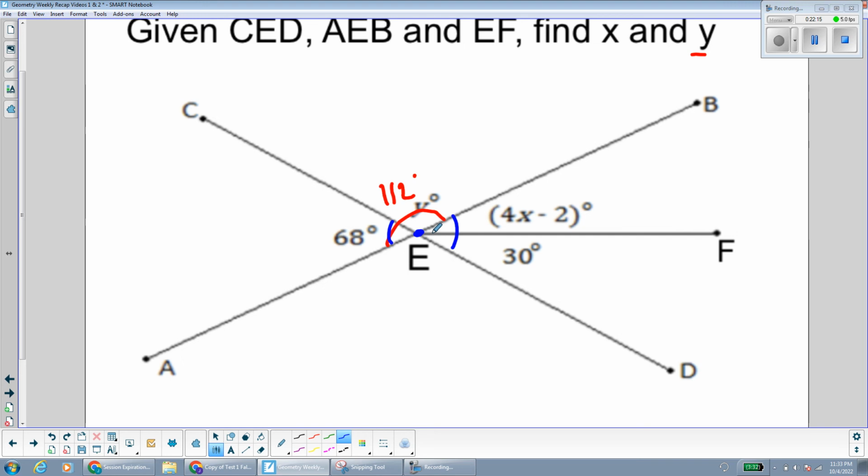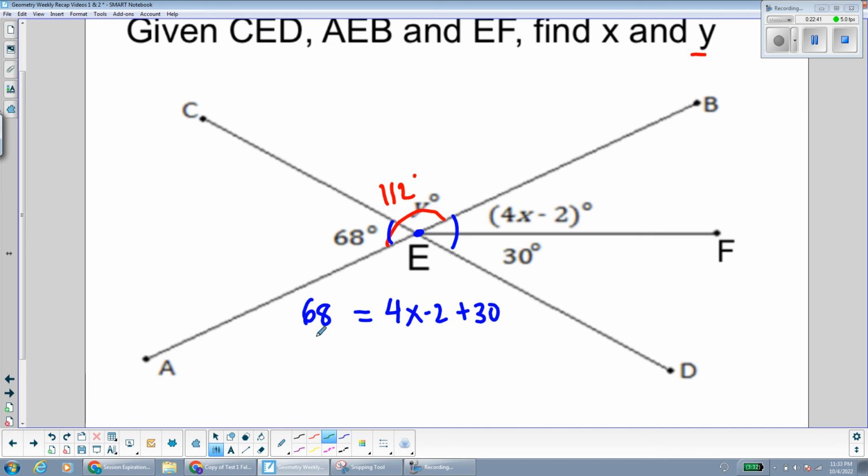So I know that the 68-degree angle is the same as both of the parts of BED put together, as this whole angle here. 4x minus 2, that's one part, plus 30, that's the other part. Put them together, it should be the same as the 68-degree angle.